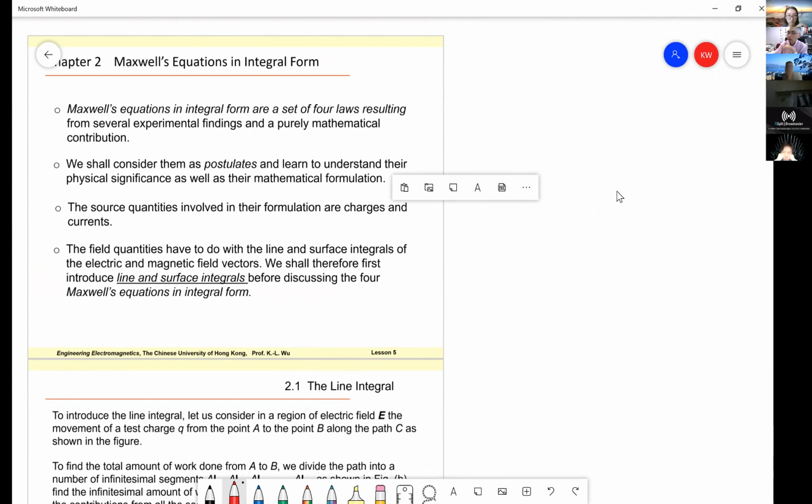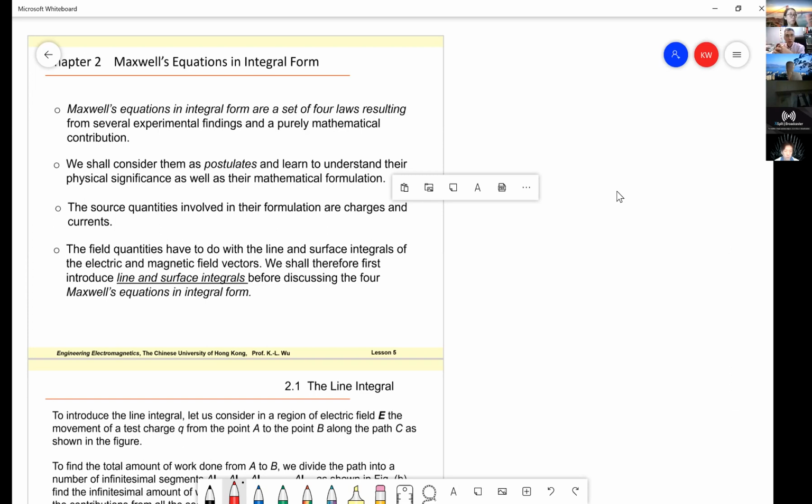Right. So we also mentioned, you see, this is based on the postulations, right? And the easiest way we can describe the experiment or the observation is using the integral form, because the integral form better describes the observation in macroscopic terms.